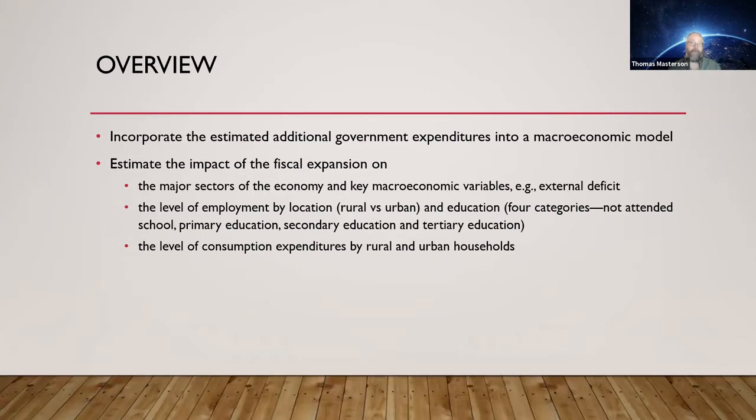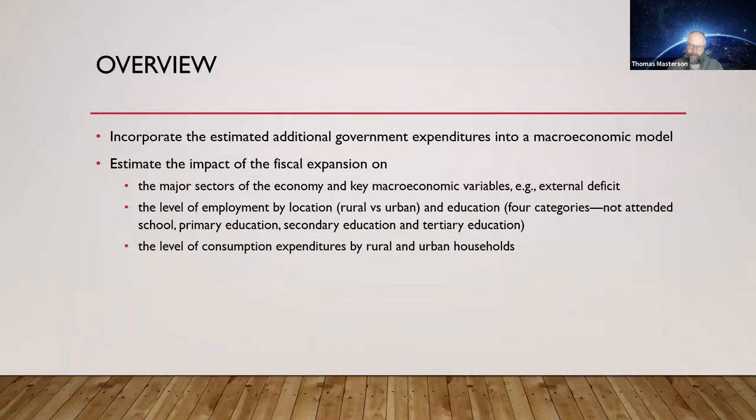We have 4 categories of education: those who haven't attended school, those who've received primary education, those who have secondary education, and those who have tertiary education, so higher education. So rural and urban by those 4 education categories. Those are the factors of production in terms of labor that we are going to look at, right?